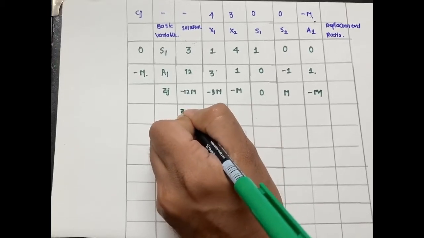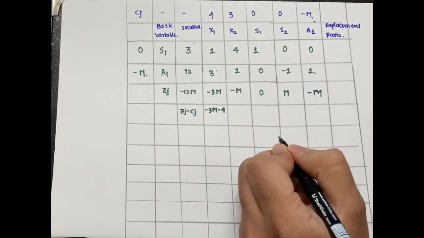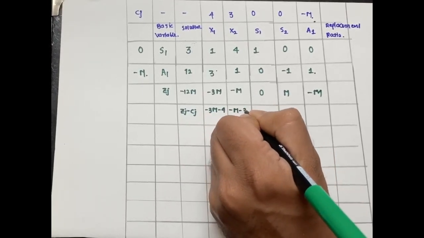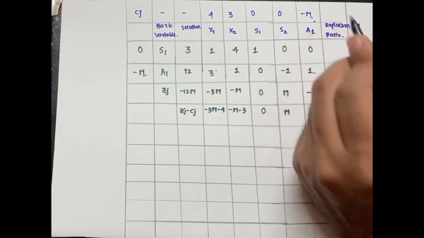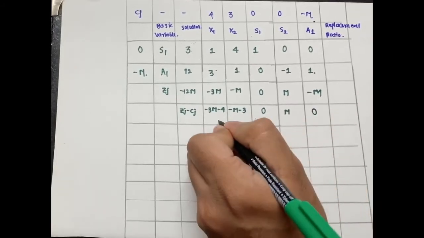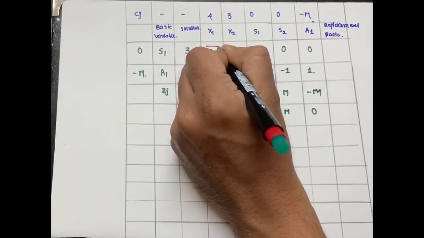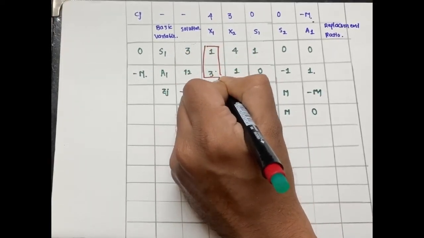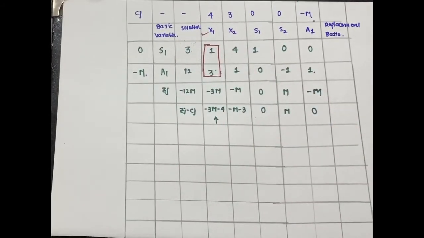If I write Zj minus Cj, in this case it will be minus 3M minus 4, minus M minus 3, 0, then plus M, and minus M plus M, so that will be 0. It indicates that this cell, minus 3M minus 4, is the maximum negative value, and corresponding to that, x1 becomes our incoming variable, and this is our key column.